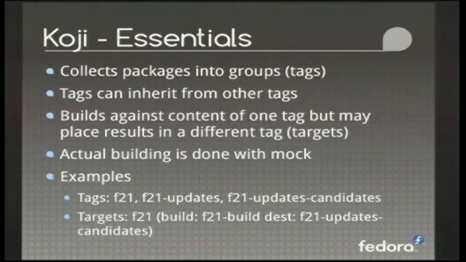So, just a little bit more detail about what Koji does and why it's so cool. Even as one who originally approached this and tried to set it up, it can be slightly confusing and intimidating, so I'm trying to do a very brief summary that does it justice. The fundamental thing that Koji does is it allows you to categorize packages into groups, which it somewhat confusingly calls tags.